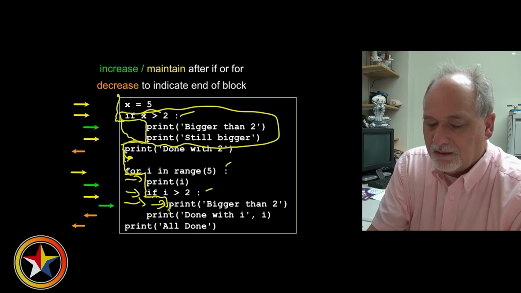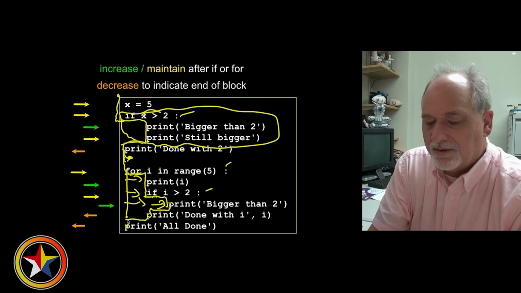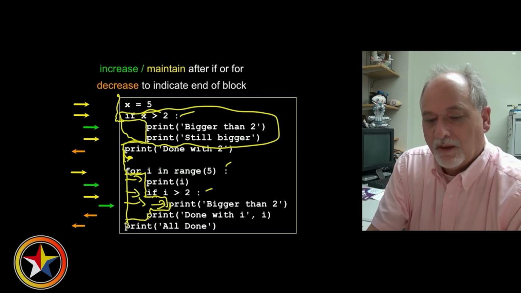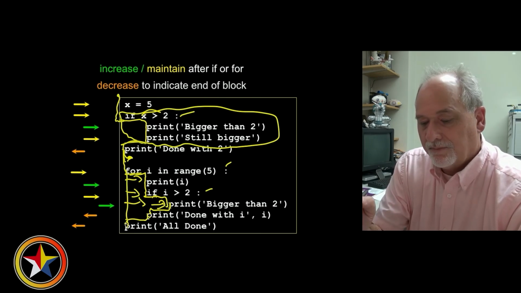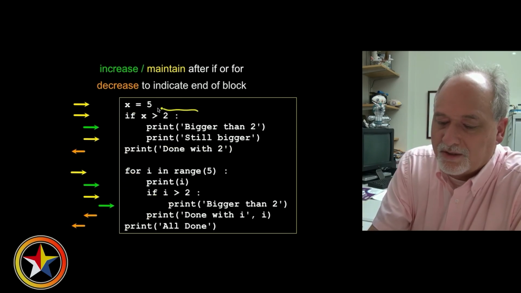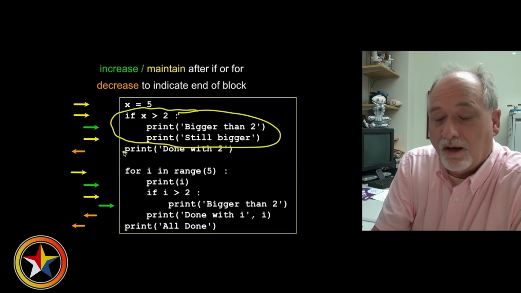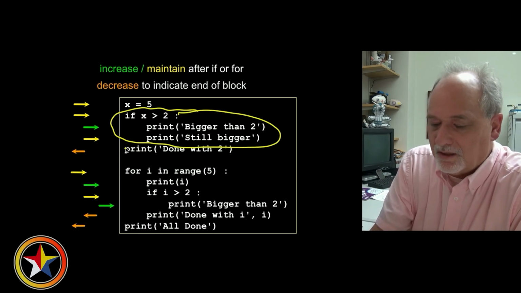And then we de-indent. So that means this print is not part of the if statement, but is still part of the for statement. And then we de-indent again, and that means this print is on the same level as that for statement. So if you start thinking about this, you want to be able to think that these blocks are the start of the block with the colon, up to but not including this line that's been de-indented.